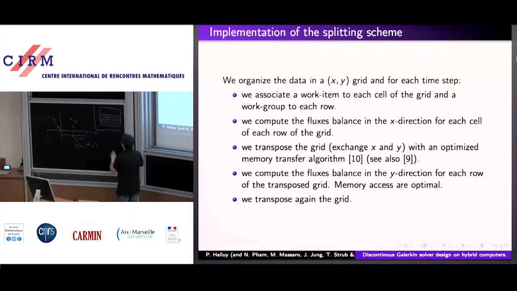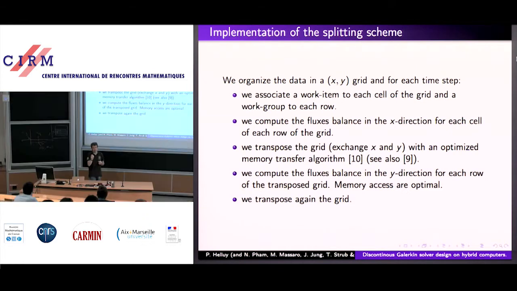But if you want to compute the flux balance in the y direction, then you have to access data for two successive processors that are on different rows of the matrix. And then you have a jump in memory for the memory access, and this is very slow. You lose a factor of 10 in the memory access if you do this.